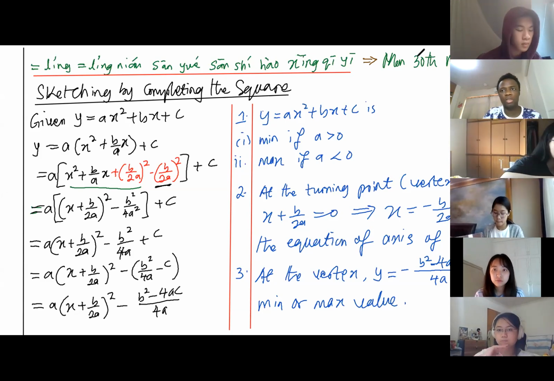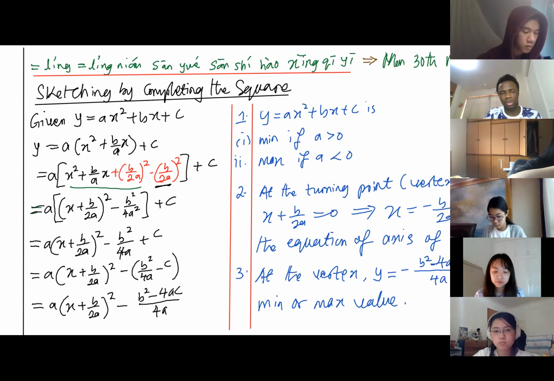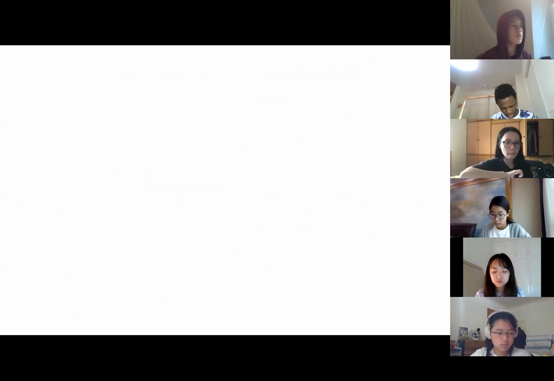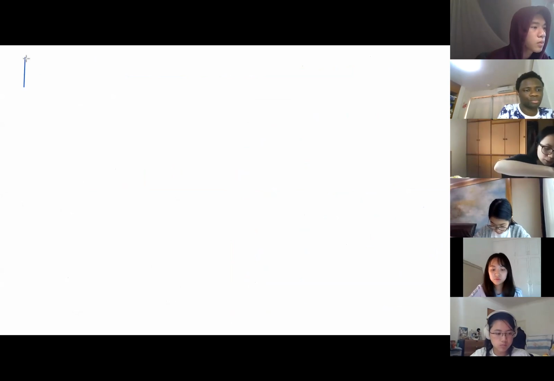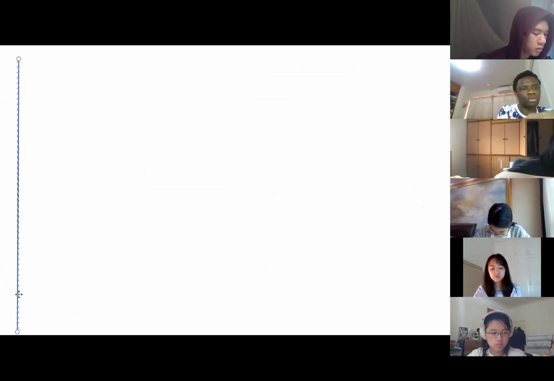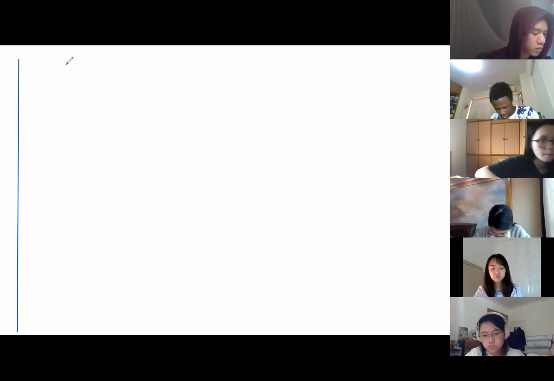Okay, let's move on. So let's take one question with a equals 1 because the case of a equals 1 is easier. That's the one you have made an attempt to do. Then we take a case where a is not 1. It could be positive, it could be negative.